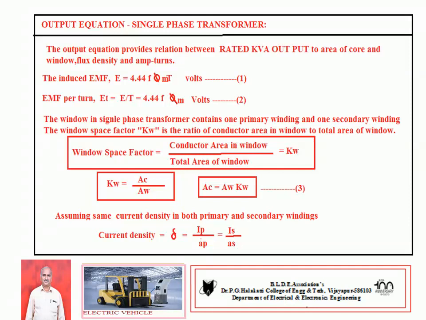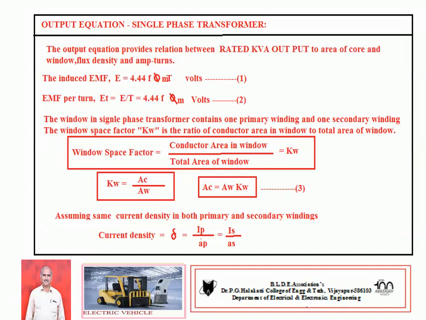One assumption we have to make is the same current density in both windings, that is in the primary winding and in the secondary winding. We already know that current density equals current per area, in amperes per millimeter square.